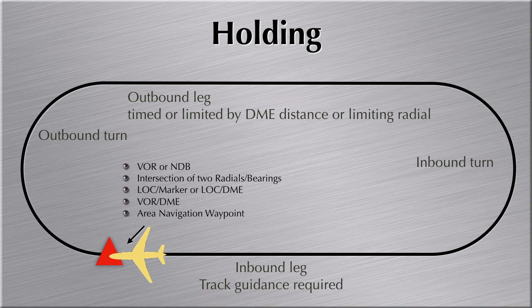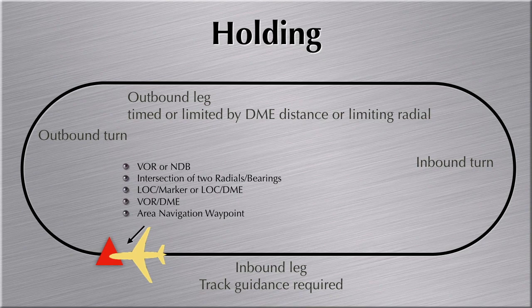After passing the holding fix, the aircraft turns outbound, flying the outbound turn. As soon as the outbound turn is completed after 180 degrees, it flies the outbound leg. The leg can be timed. In a holding, this would be 1 minute up to and including 14,000 feet of altitude, and above 14,000 feet, a standard holding would be 1.5 minutes.